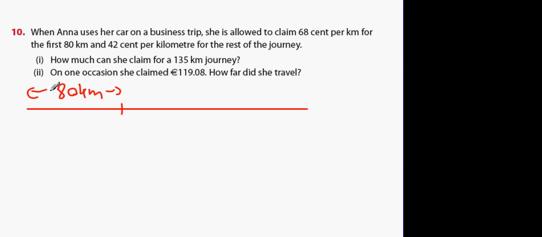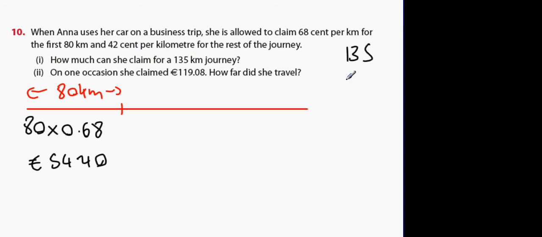To find that out, you multiply 80 by 0.68, so 80 kilometers costs you €54.40. Now, in the first question, we're not doing 80 kilometers, we're doing 135 kilometers. 135 minus 80 means you're going 55 kilometers longer than 80.